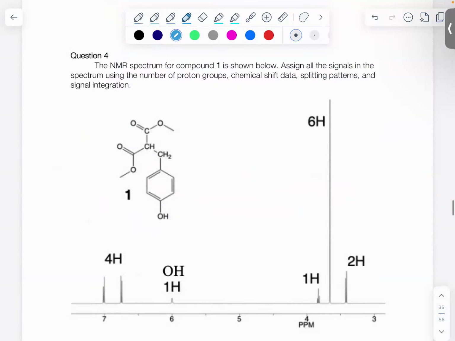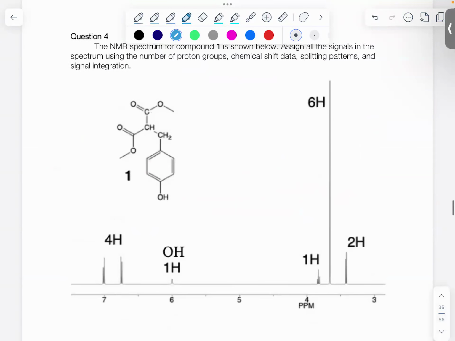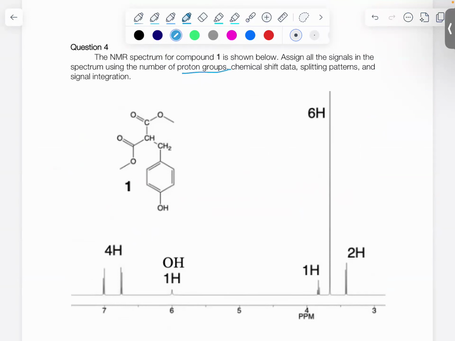So next we can move on to NMR. With this, we can break down into our number of proton groups. With our ring here, we have a plane of symmetry.